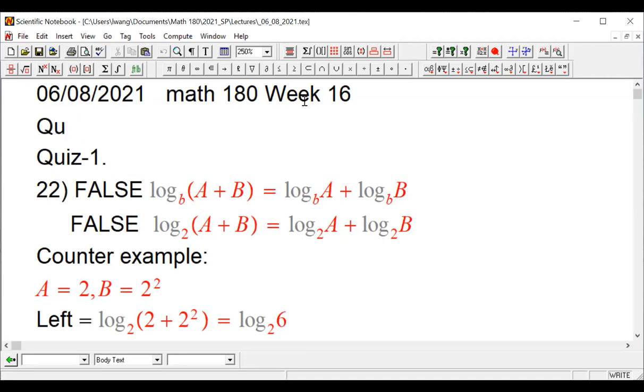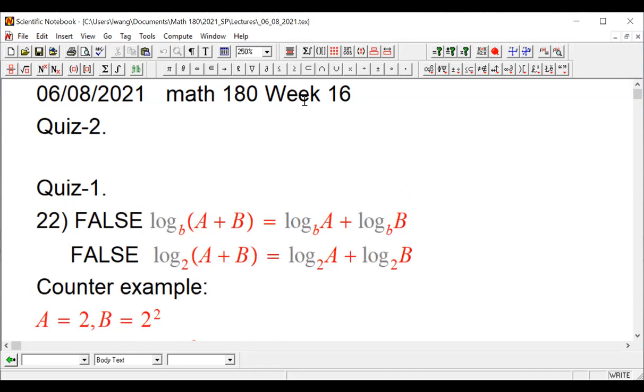Quiz number 2, this is in your notes. Oh, I need to make some adjustment. Looks like I'm going to have to close that and restart my 180 notes.